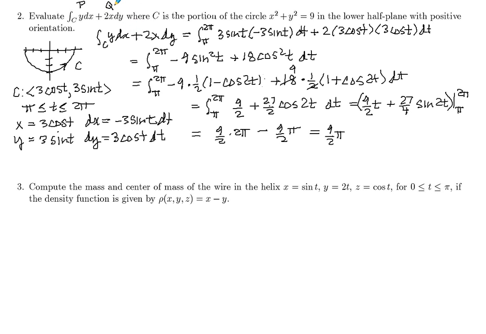So first we would need to check, in order to find out if it's conservative, you want to check and see is dq dx equal to dp dy, and dq dx is 2, dp dy is 1.